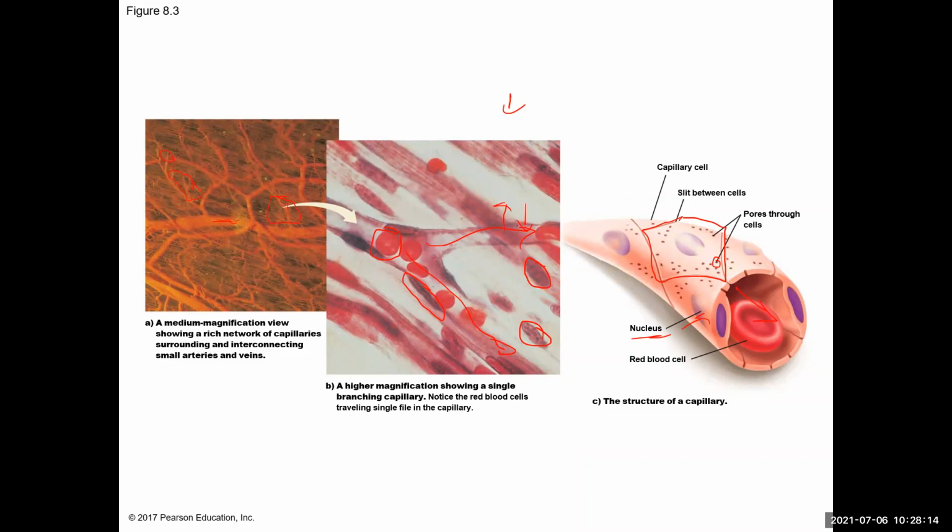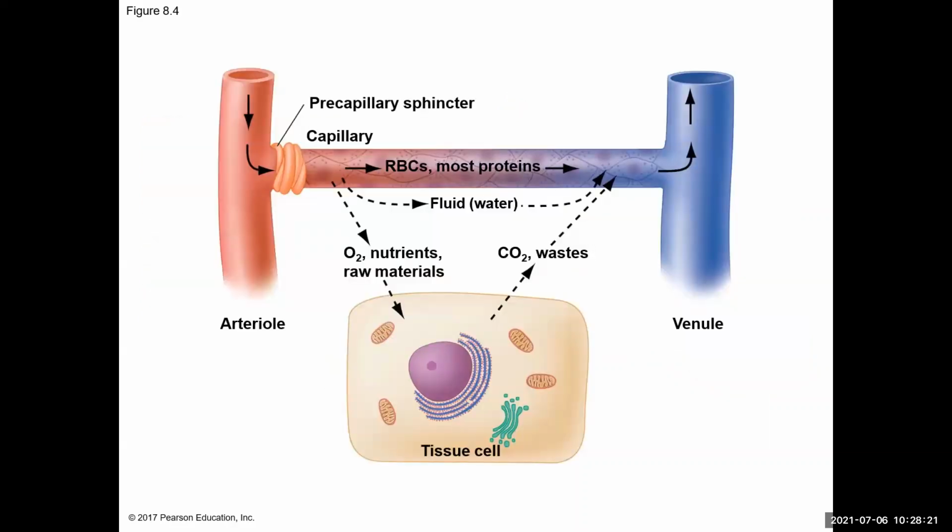And so we said that with capillaries, the key function is the exchange of material. So the way that happens is you have your arteriole, right, where blood's flowing, precapillary sphincter that's regulating that blood flow, and you have blood flowing into the capillary, right? And then once it leaves the capillary, it goes into the venule.